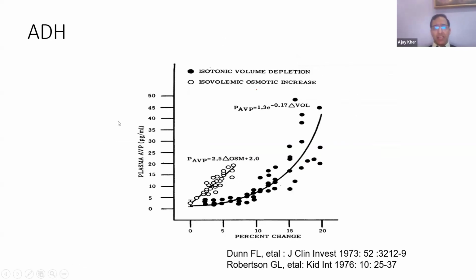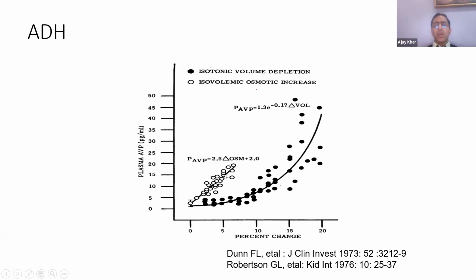So how does the body's ADH respond? On the y-axis is ADH levels, and on the x-axis is the percent change. These white circles are isovolumic osmotic changes. So with small changes in osmolarity, you have very linear and rapid increases in ADH.